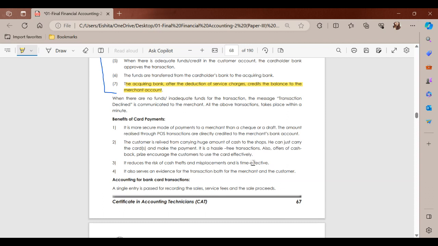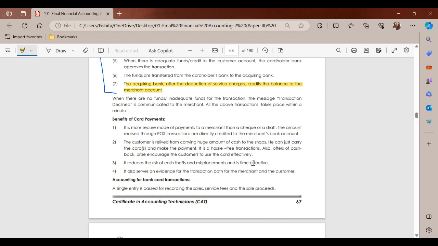Immediately he will come to know whether the bank has credited or not. So he can refuse to give the goods. Once he receives the amount, then only he will give the goods to the buyer. Okay.